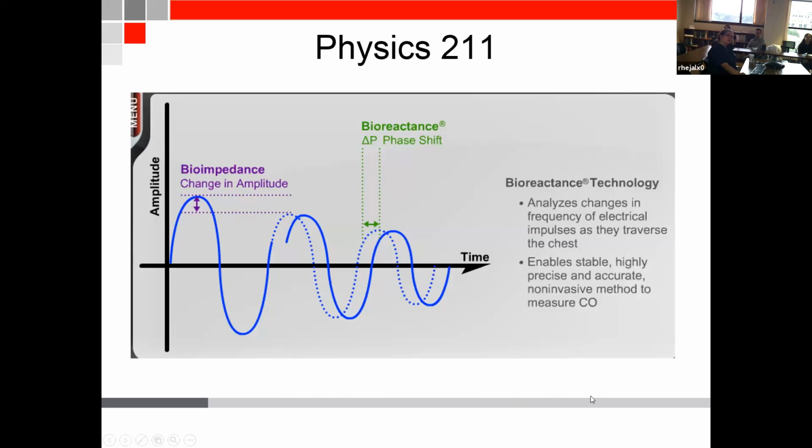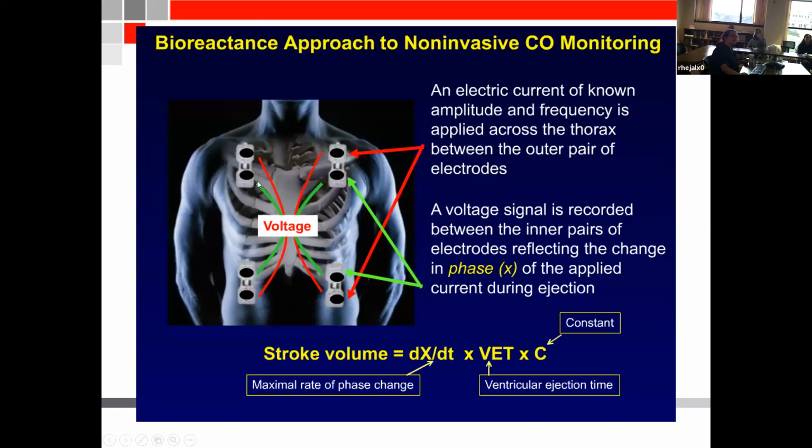The one thing that we have, so the echo we have, so we can use that. The new tool that we got into the MICU is the non-invasive cardiac monitoring device that uses bioimpedance, or bioreactance, I should say, technology, which means that you have 4 sensors that you apply on the chest.